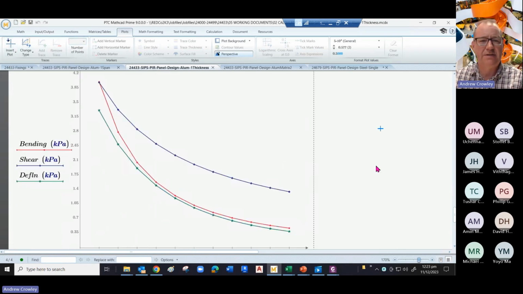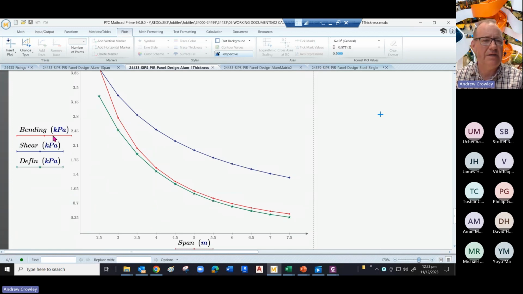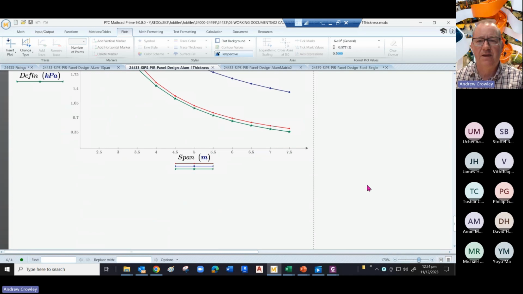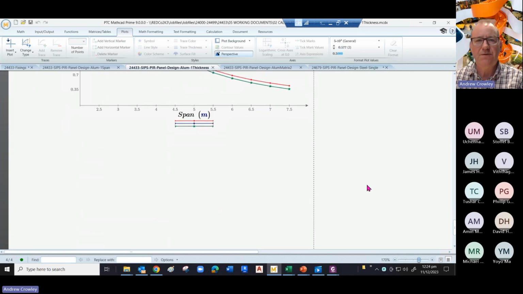So we've got 3 traces on the y-axis, bending, shear and deflection against the span. And in this case, we've chosen different colors for each. And oddly enough, deflection is now governing those loadings. So that was one thickness with many spans. So now let's add many thicknesses.